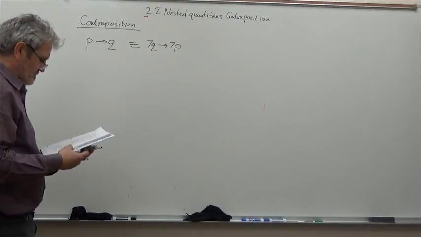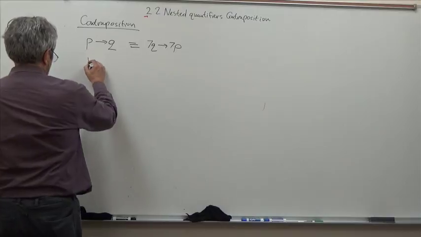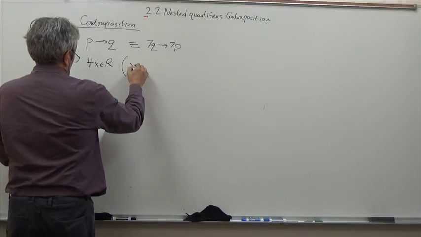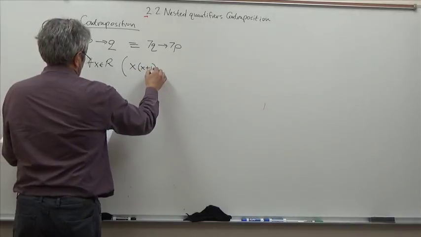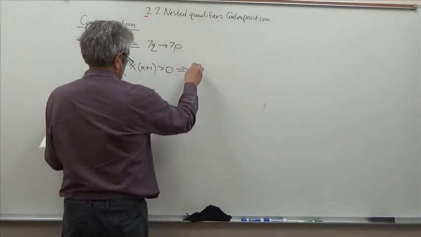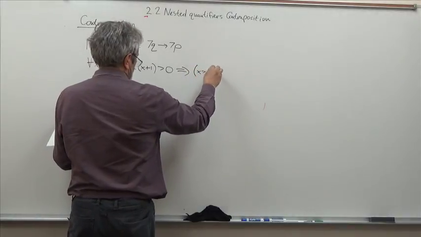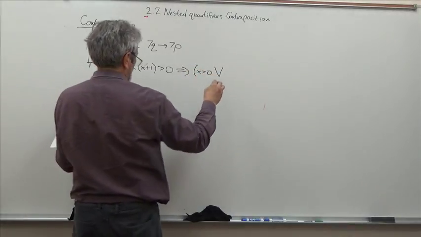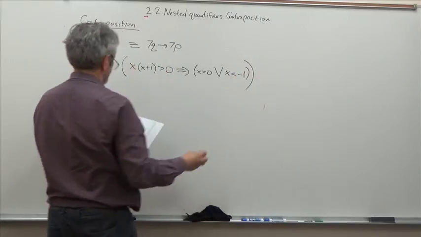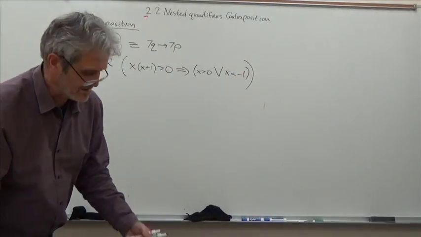Here is the example. For every x from R, x times (x plus 1) greater than 0 implies x greater than 0 or x less than negative 1. So what happened here?